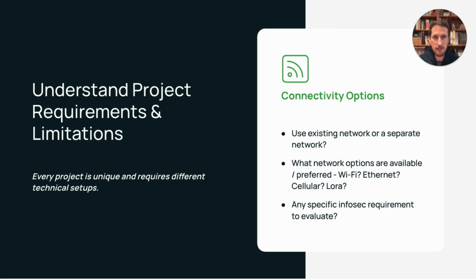So next up is connectivity. There are many ways to connect your monitors to the network to transmit data, but start off by seeing if your building requires a certain type of connectivity. For example, if you must use Ethernet, then you don't need to think about other options, right? Cellular or wireless.